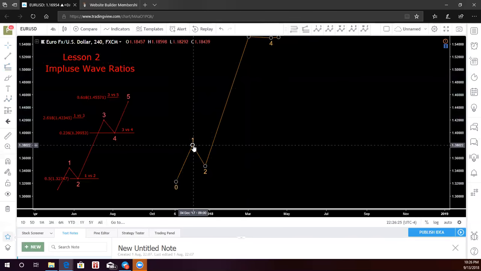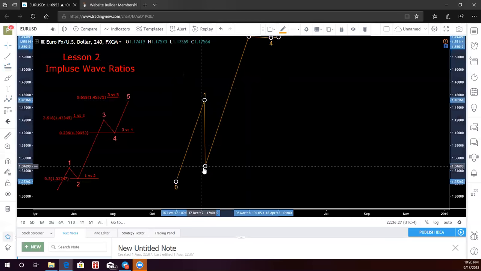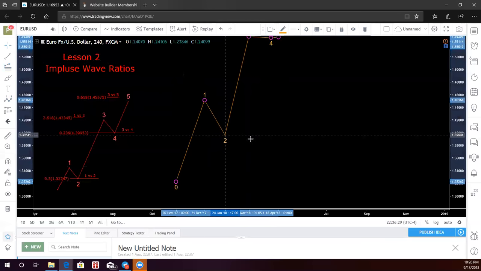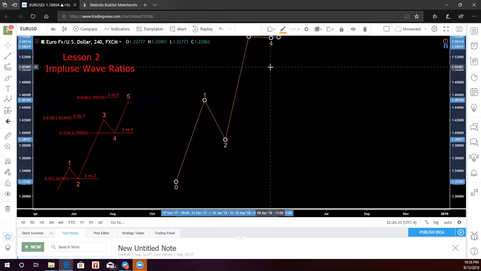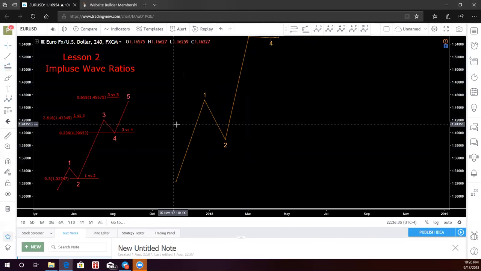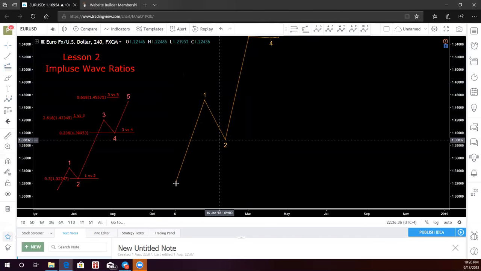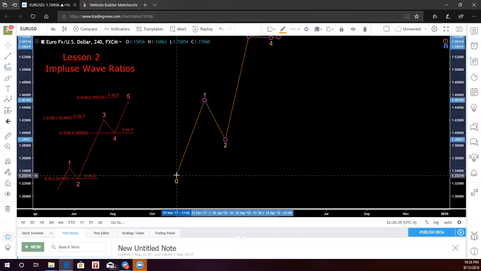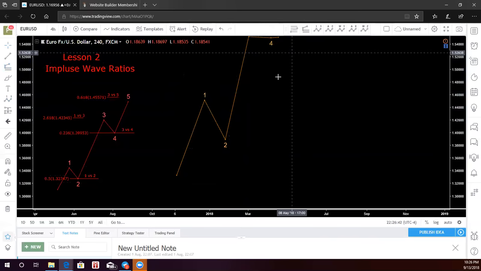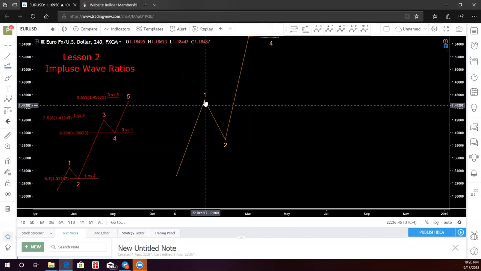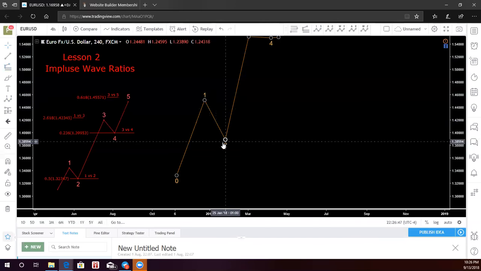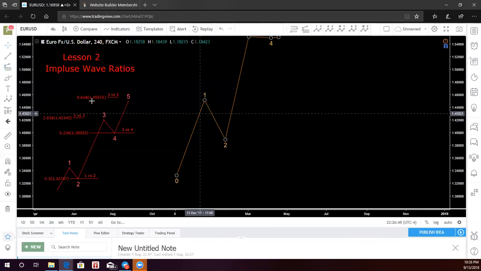So how do I find what ratio wave 2 should hit? Keep this in mind, whenever you're doing a ratio for a corrective wave, you're always going to use a retracement. So it's kind of in the word. Anything that retraces the previous wave, you're going to use the Fibonacci retracement for.